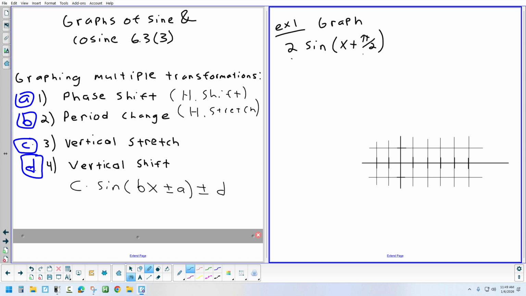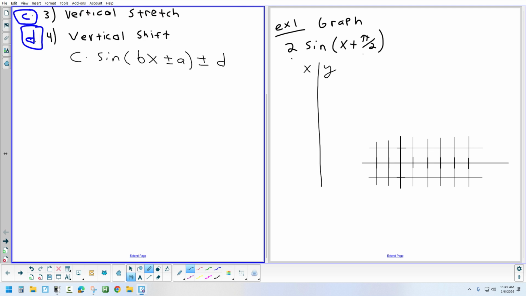Okay, so based on the order, which one should we do first? Yep, the phase shift. I'm going to put all my originals, I'll do my work over here.